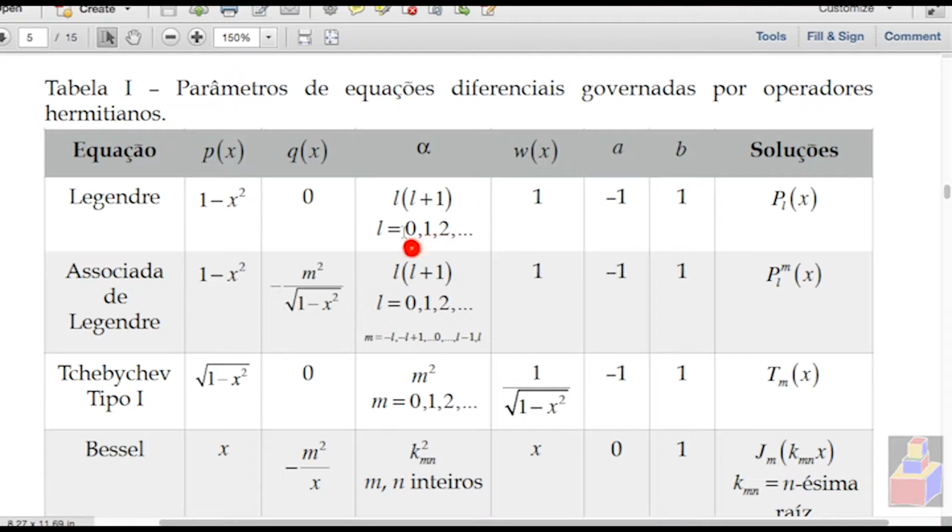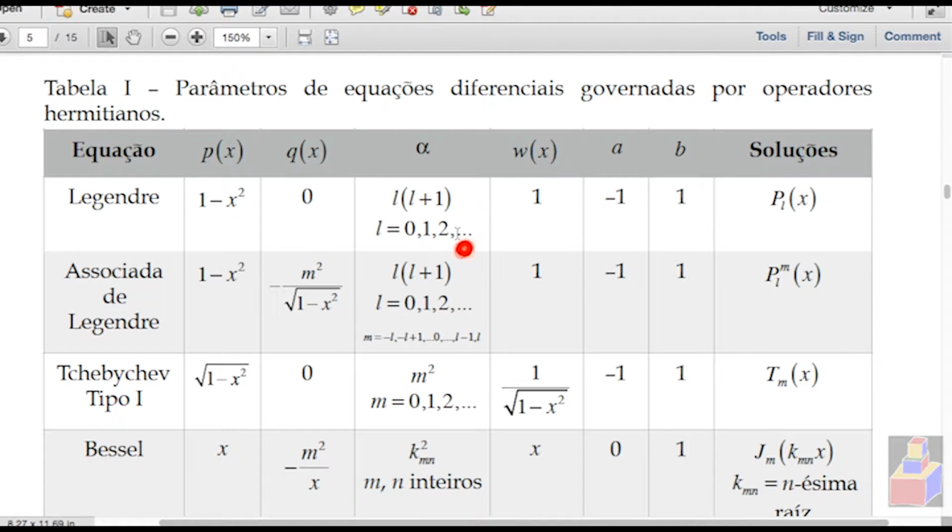For the eigenvalues, L is an integer number. Eigenvalues always form a discrete set if you have a limited size. The distance between eigenvalues is a regular distance in general.